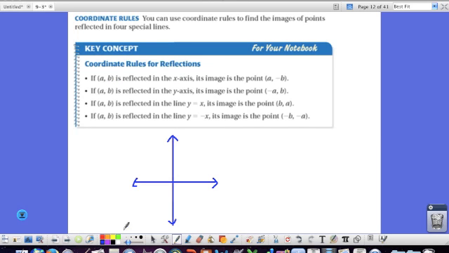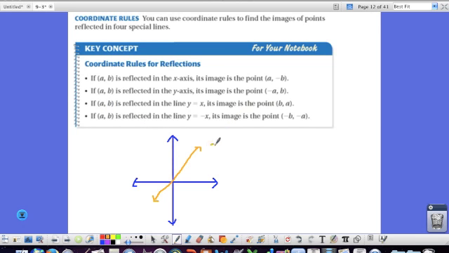Some interesting things also happen, and if you remember your parent functions from algebra. So if I have the equation y equals x, that should be a straight line, but that's what happens. So if you have a point at A, B, those coordinates reflect. So let's say you had 2, 1, it's going to switch to 1, 2.